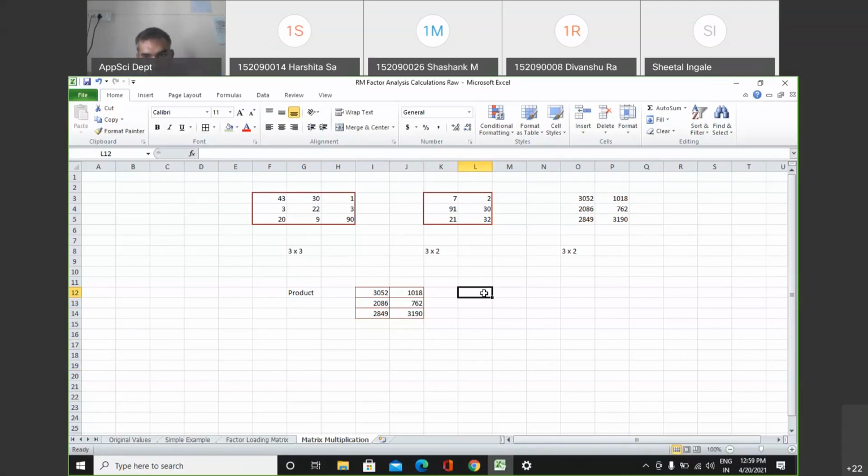You use that function MMULT, then it will give just one value. Then you select the dimension. Then you press F2. Then Control plus Shift plus Enter. It will fill the matrix, an Excel command.